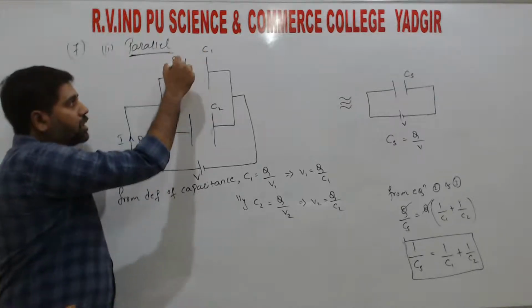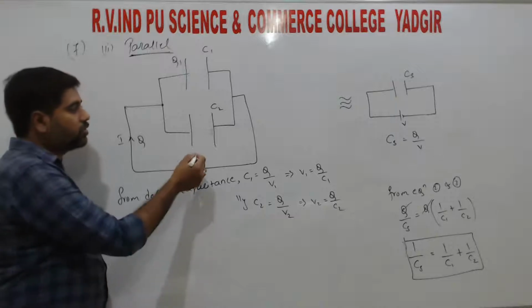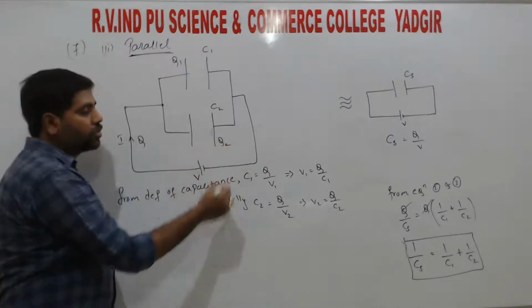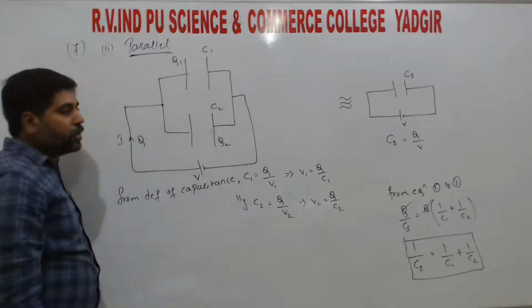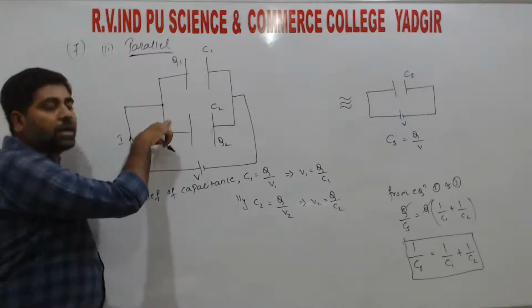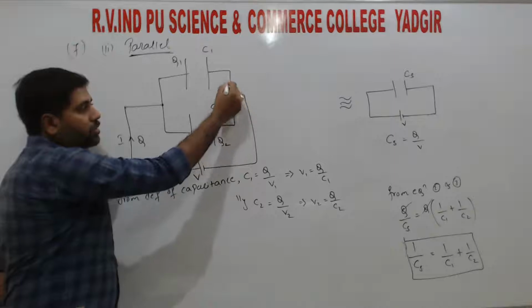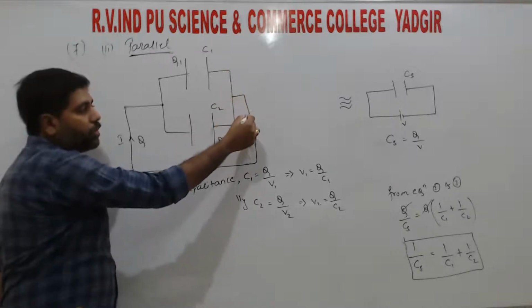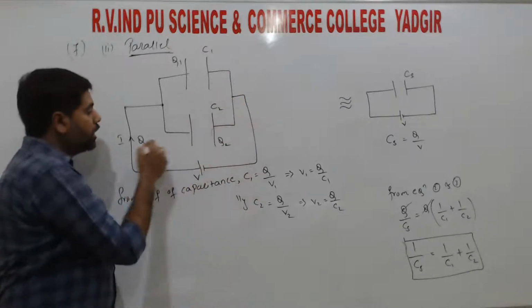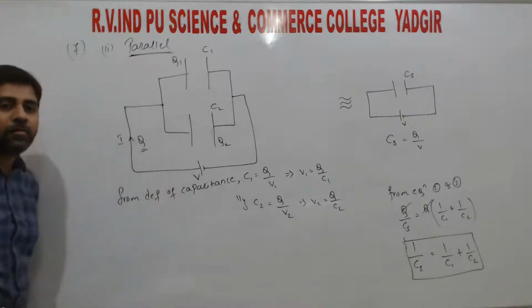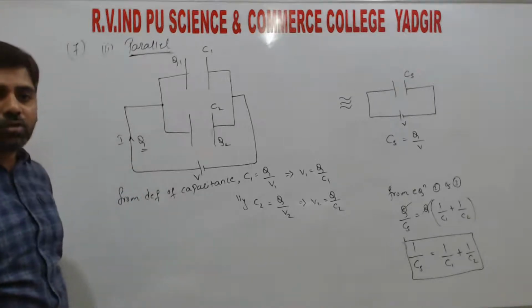In the C1 capacitor there is charge Q1, and in the C2 capacitor there is charge Q2, right? Because the current divides at the junction, when it comes to here, the two charges Q1 plus Q2 again become Q, right? Since the current divides, the charge also divides.